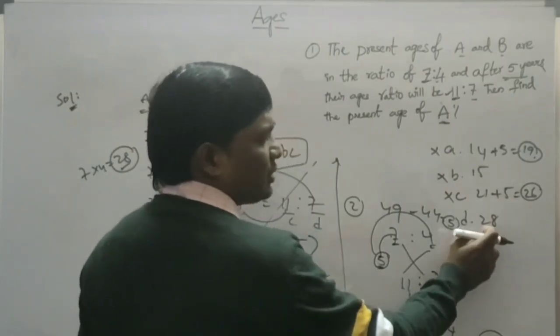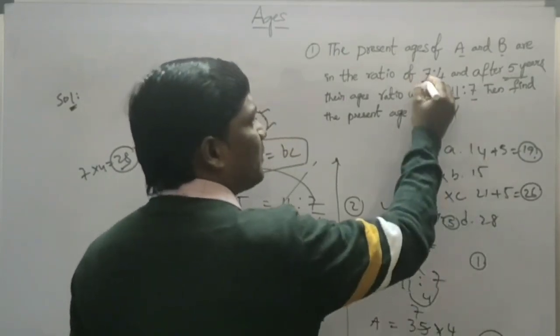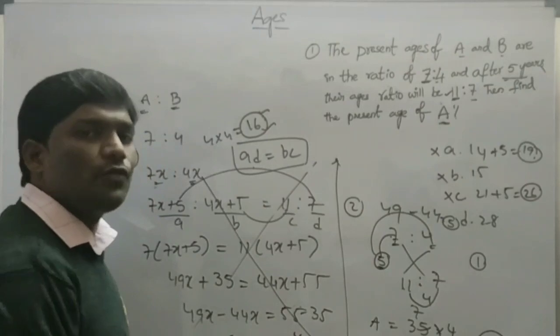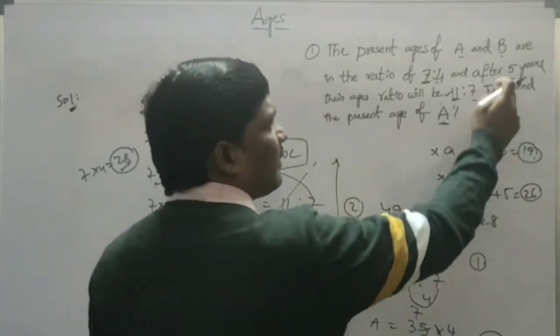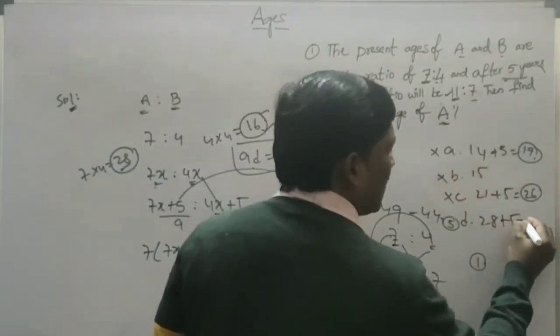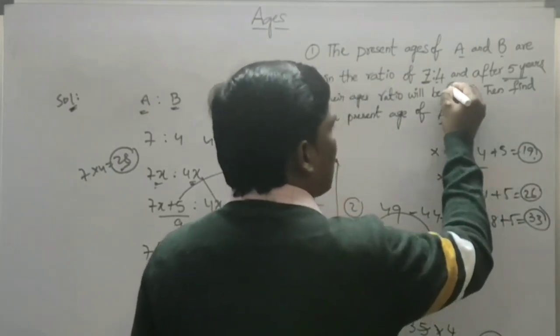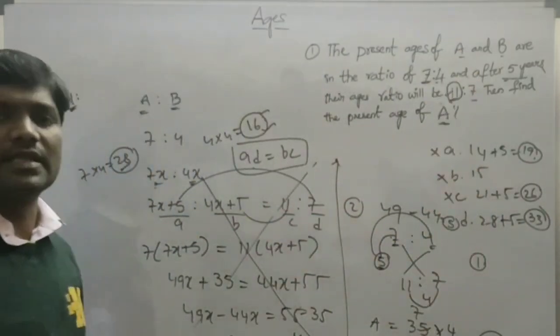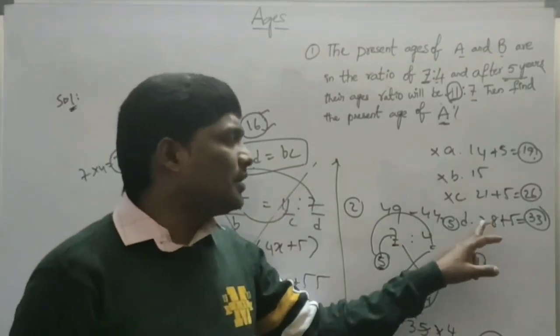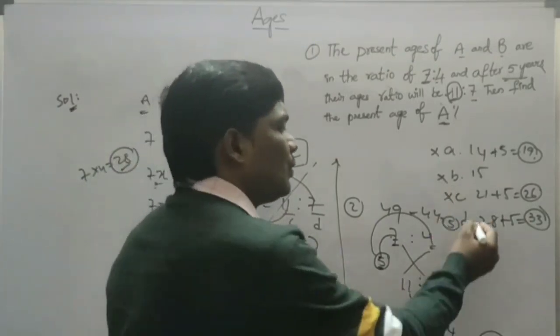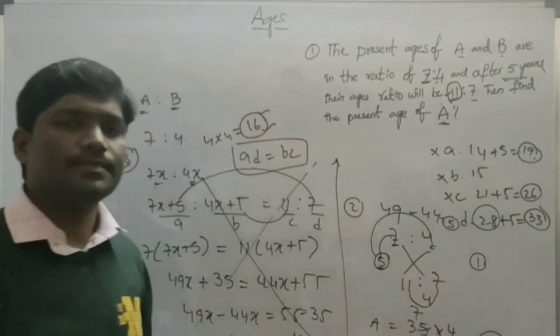Fourth option is how much? 28. Is 28 a multiple of 7? Yes. 7 fours are 28. Next, after 5 years, 28 plus 5, 33. So is 33 a multiple of 11? Yes. 11 threes are 33. That's why option D is the right answer. Then 28 is the right answer.